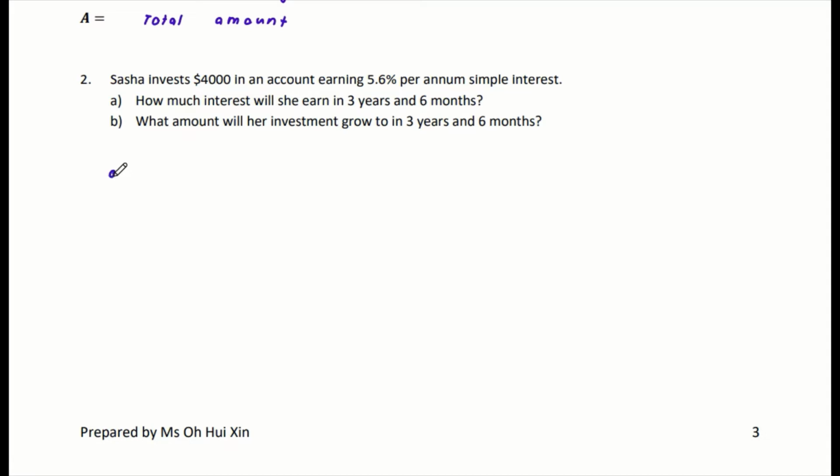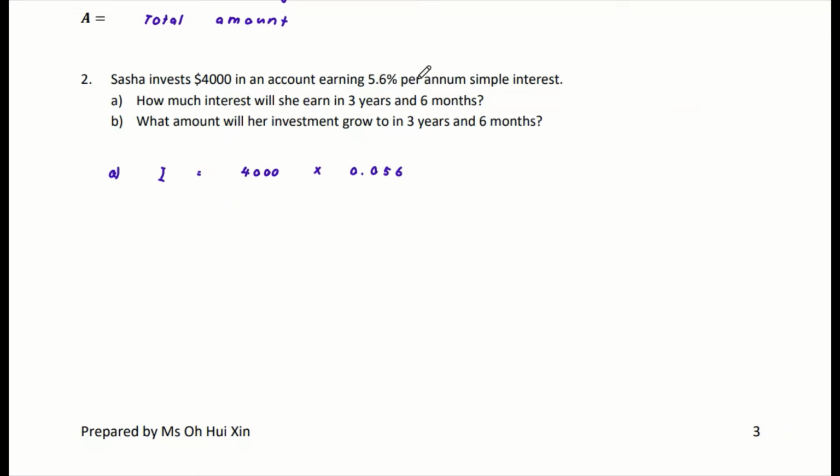For part A, how are we getting the interest? By using the principal. The principal is 4,000, so 4,000 will generate an interest of 5.6% per annum. So multiply 0.056. And for 3 years and 6 months, remember that it must always be aligned to the interest rate.